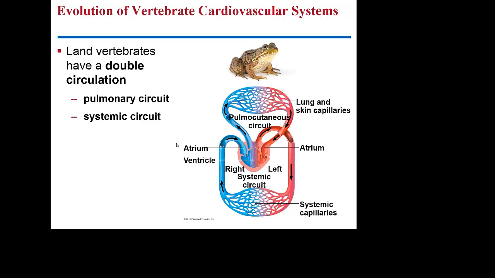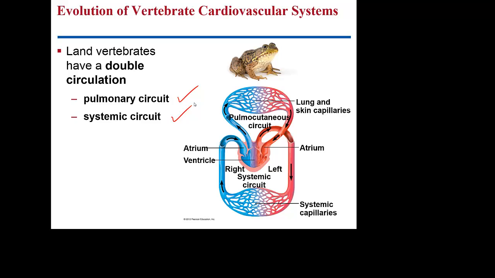And we start setting up two separate circuits. So in the fish, we pump to the gills, then the gills moved the blood out to the rest of the fish. This doesn't work well in larger organisms, more complex organisms, so we set up a double circulatory system, a pulmonary circuit and a systemic circuit. In respiration, we saw this already.